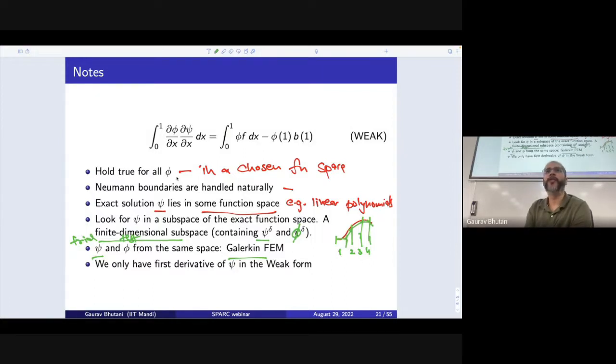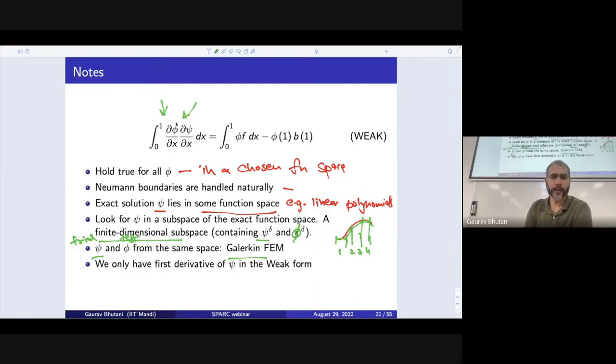So we cannot use linear polynomials to represent smooth functions if you are using the strong form of the equation. But in a weak form, you only have first derivative of both phi and psi. And both phi and psi in Galerkin FEM are coming from the same space, in our case, linear space. So derivative of linear is constant. Life becomes very beautiful because these derivatives become constants.